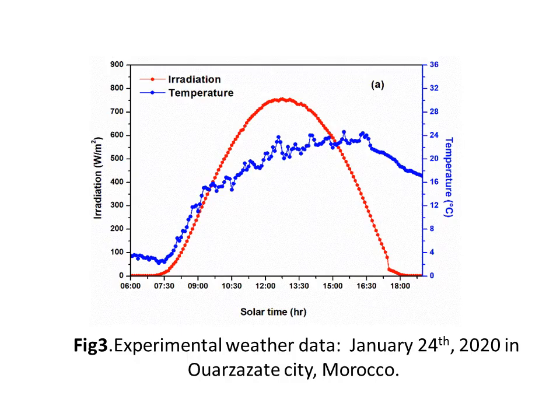Figure 3 presents the irradiation and the ambient temperature as a function of solar time during January 24th, 2020. The maximum temperature value reached is 24 degrees C and the maximum irradiation is 743 watts per square meter.